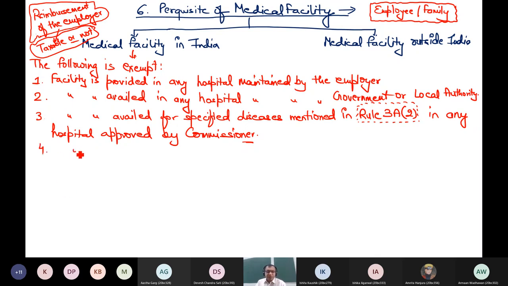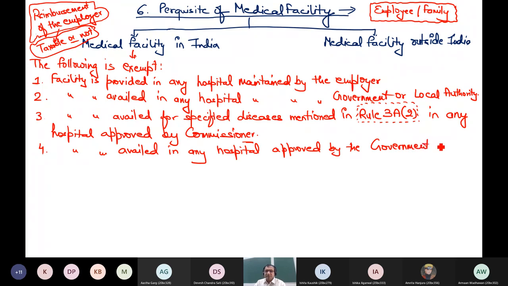Fourth point, if facility is availed in any hospital approved by the government for the purpose of CGHS, Central Government Health Scheme.